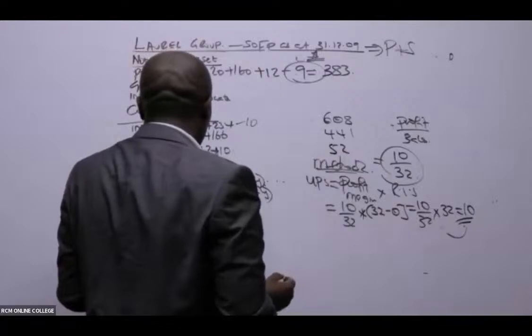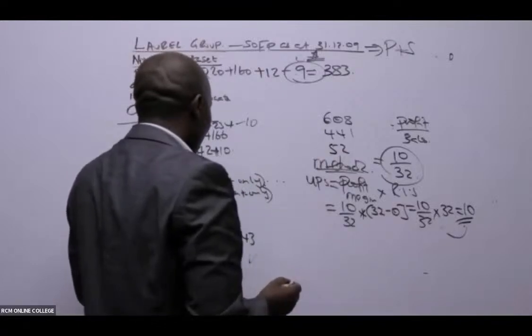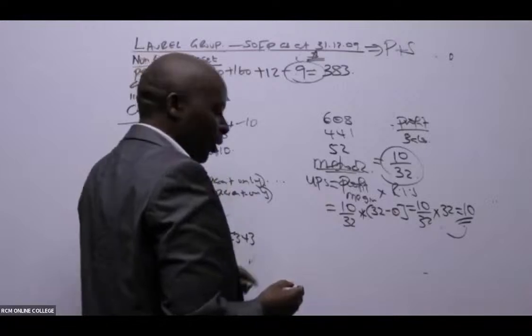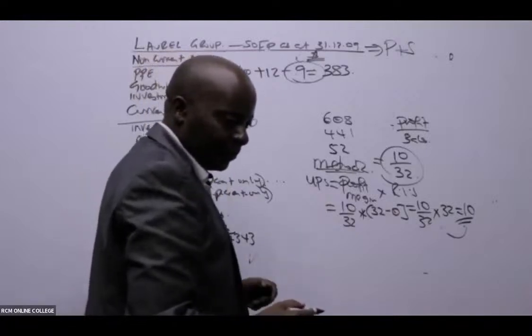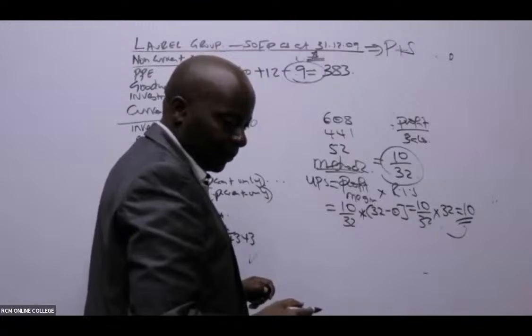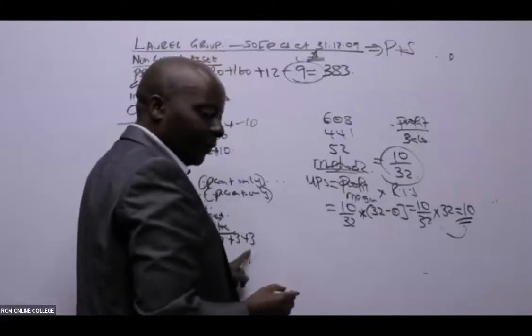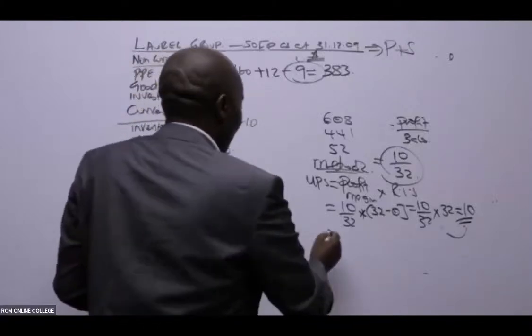From there, we have payables: 457 plus 343. 800.